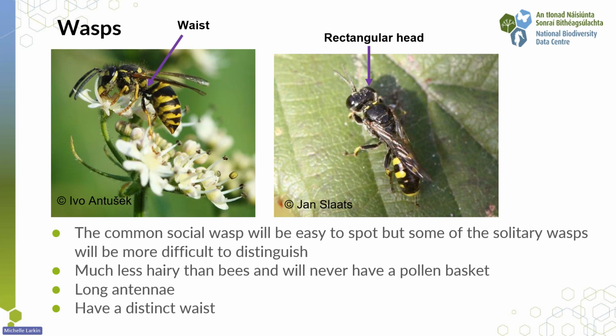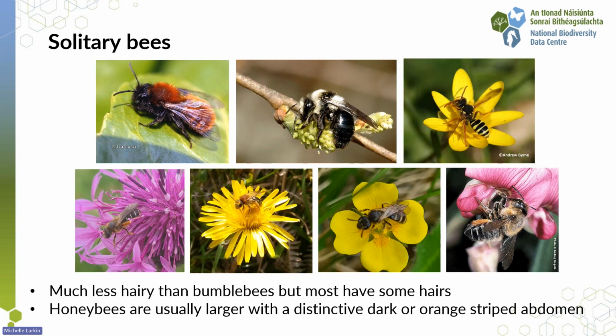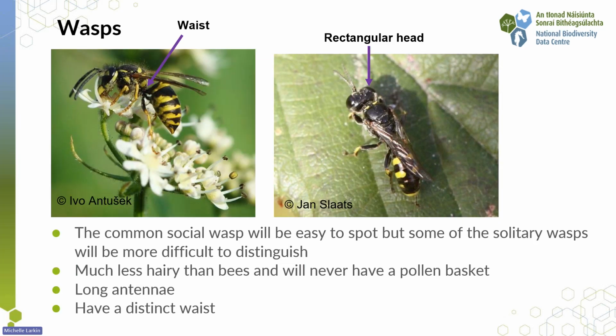All wasps, whether social or solitary, will have that distinct characteristic. Sometimes if it's a bit harder to see, you can also look at their head. They do tend to have more of a rectangular head compared to solitary bees. I'll just go back here. You can see some of the waists here for some of the solitary bees. They're there, but they're not as cinched as the wasps.